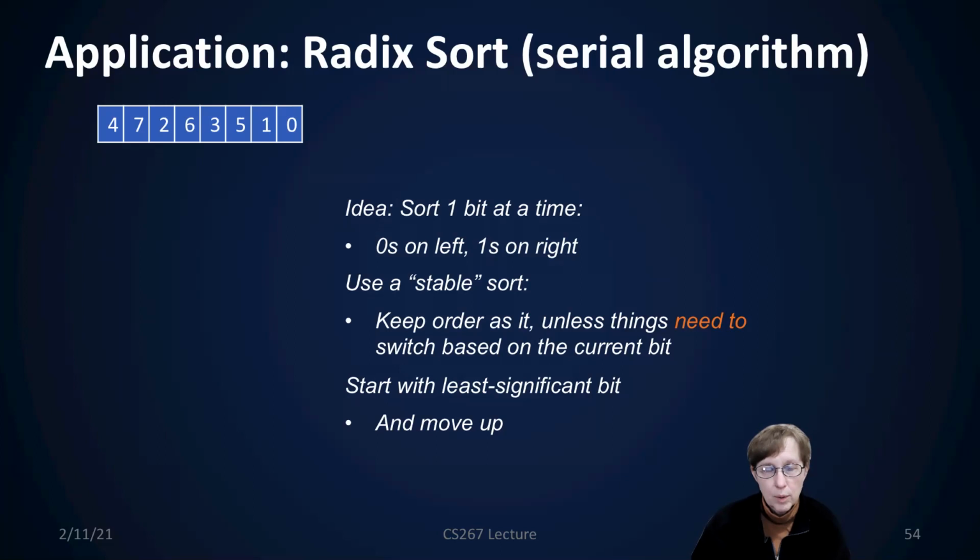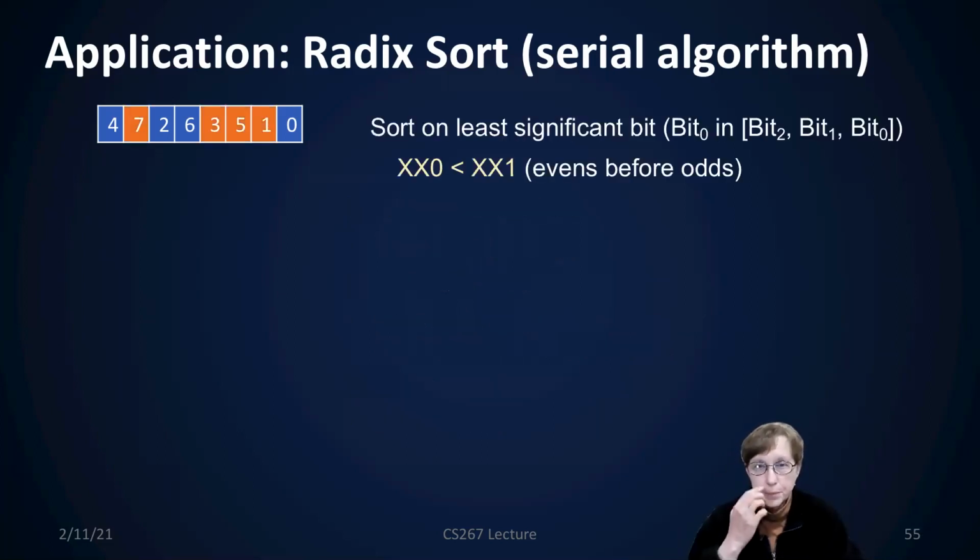So if you think about what this is going to do, it's going to put all of the even things on the left and all the odd things on the right. And then on the next step, you're going to sort things based on the next bit, but it's going to preserve the fact that the things with a 0 come before the things with a 1 as the last bit because of the stable sorting property.